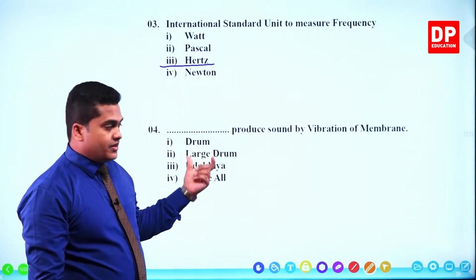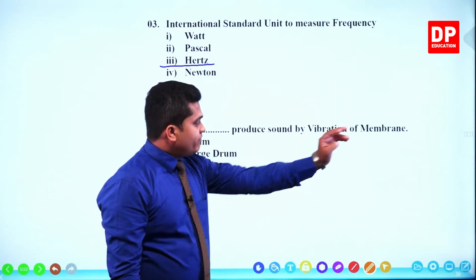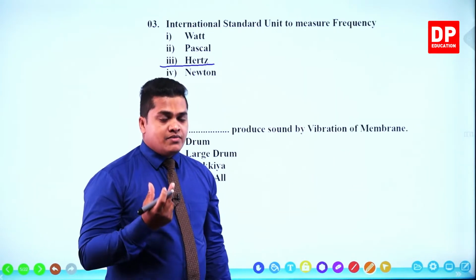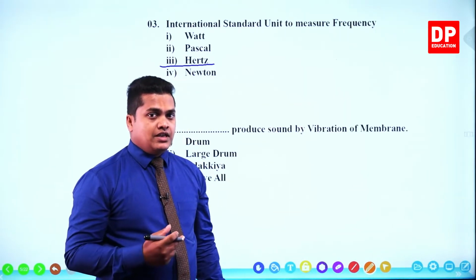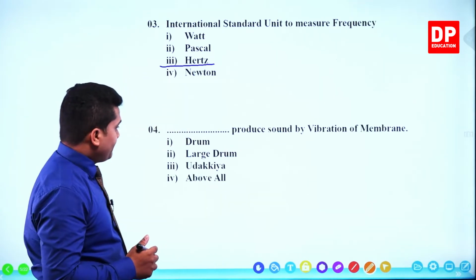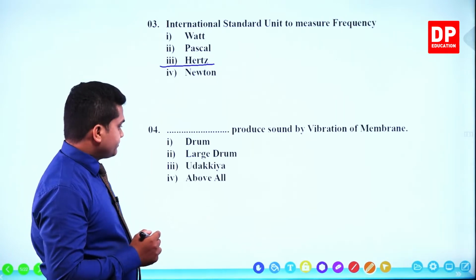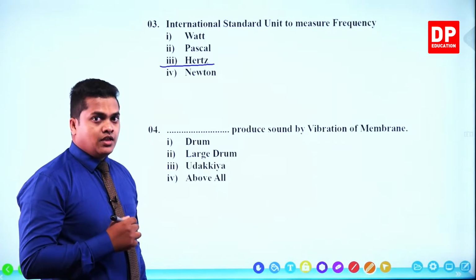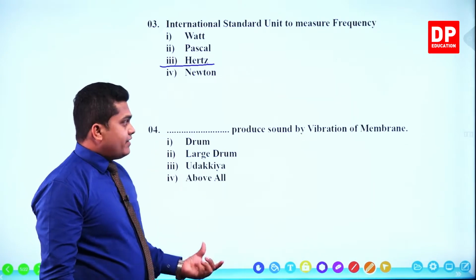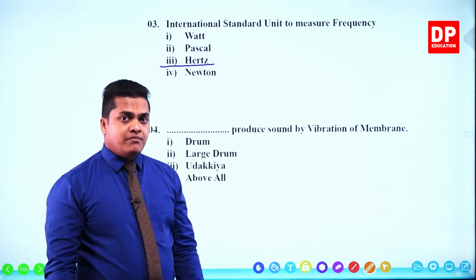Number 4. A blank is going to produce sound by vibration of membrane. So we need to select a musical instrument from the given list that produces sound by the vibration of a membrane. We'll see. Drum. Large drum. Udakir. Above all, we know that each and every drum is going to produce sound by the vibration of a membrane.